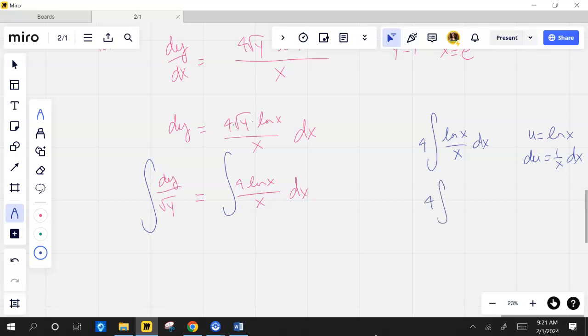and I'm going a little bit faster through this one because we just did one exactly like this. It just didn't have the 4. So this would be u du. 4 times 1/2 u squared.